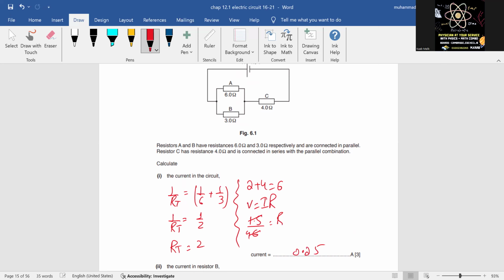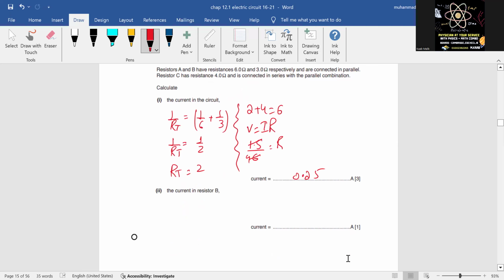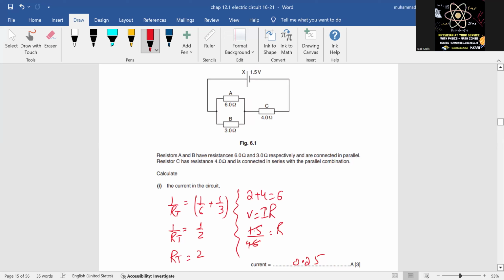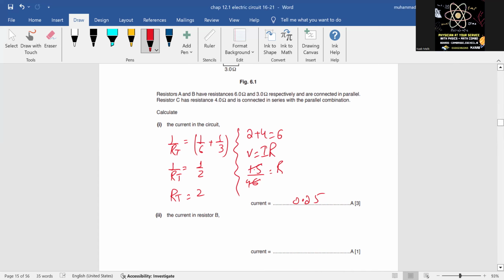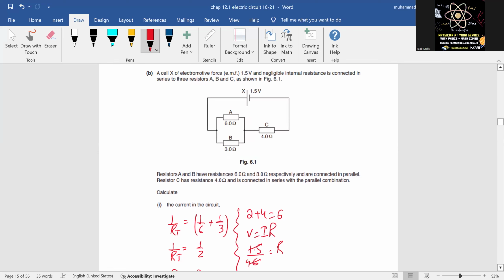Okay, please move on. The current in resistor B. What will you do? Sir, we will use the formula for V out, find the voltage, and then use the current formula. We can just use the regular formula, V equals IR.